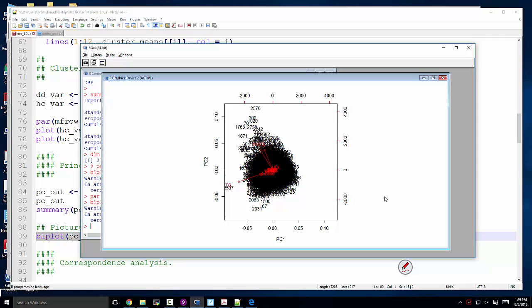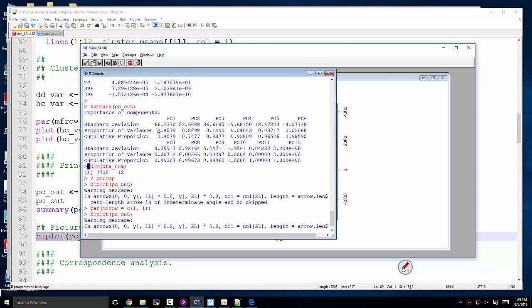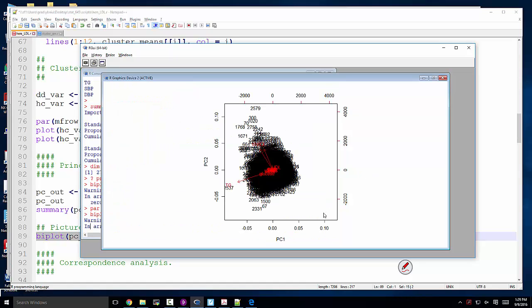All right, so here's our picture. It's not that interesting of a picture in this case. The first principal component, remember, explains almost half, so we could look at horizontal deviation and horizontal patterns to try to explain it. There's not any real obvious grouping or distinctions between some individuals relative to others.